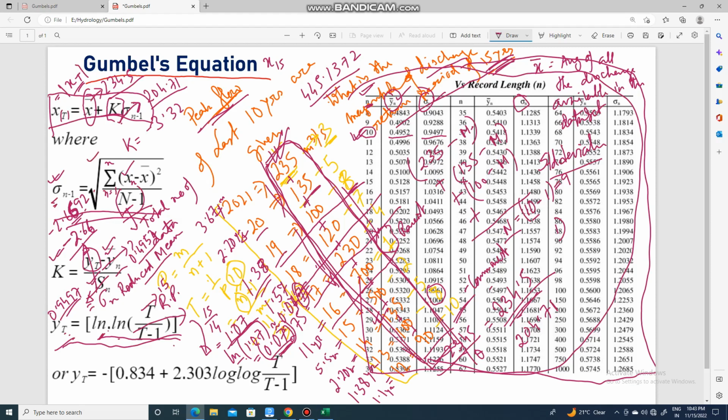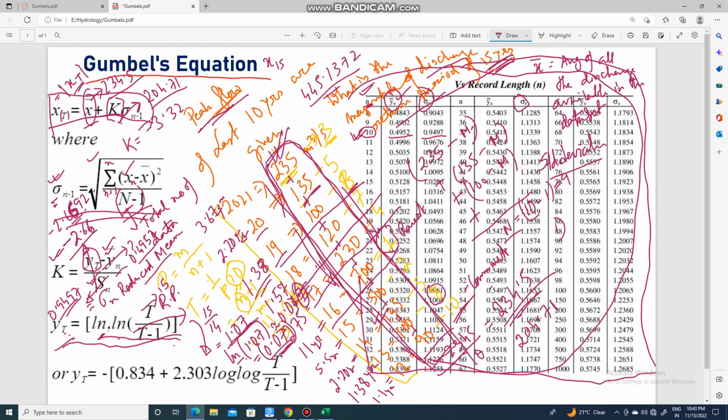This is a very common formula. Now, after we have found out the mean of the variate, which in our case is discharge, and you have been given 10 discharges, you have found out the mean, you found out the sigma. This is the first step.